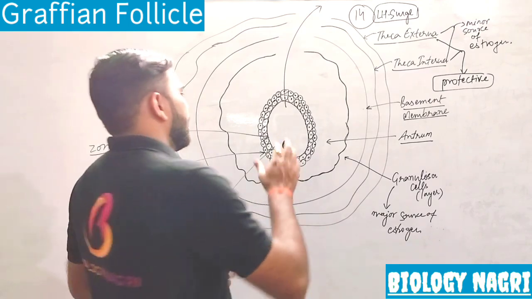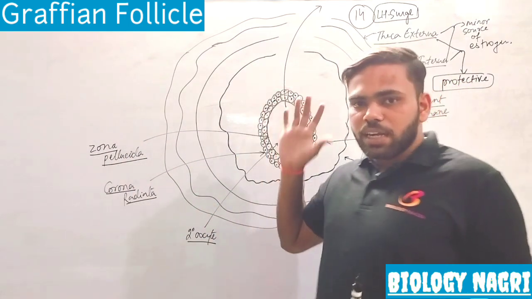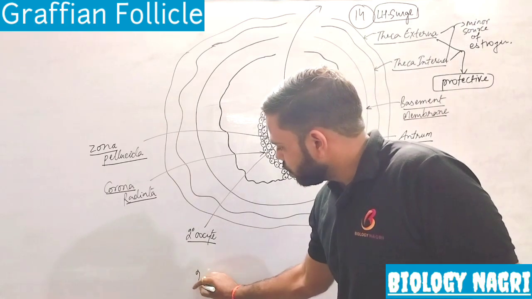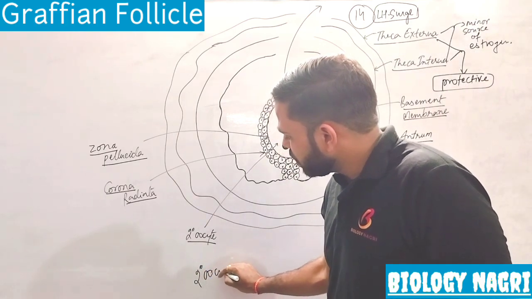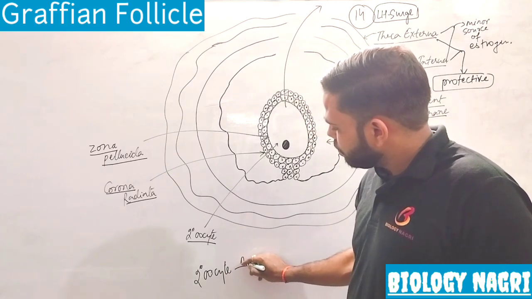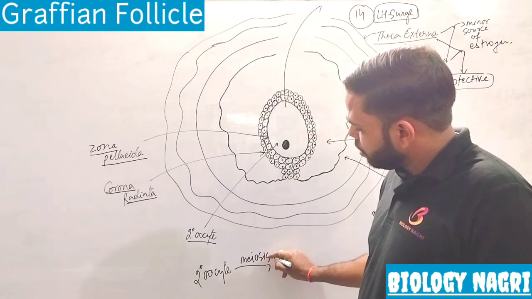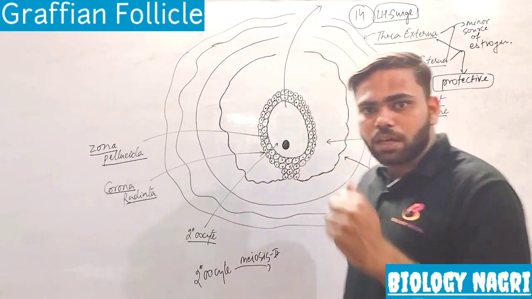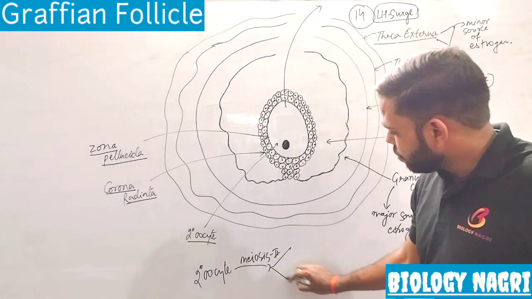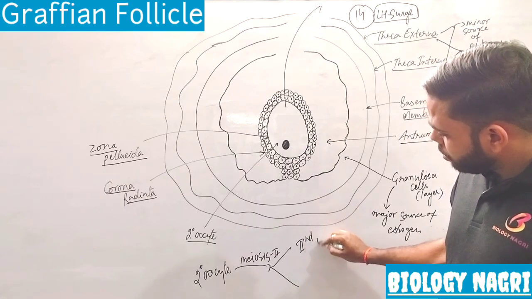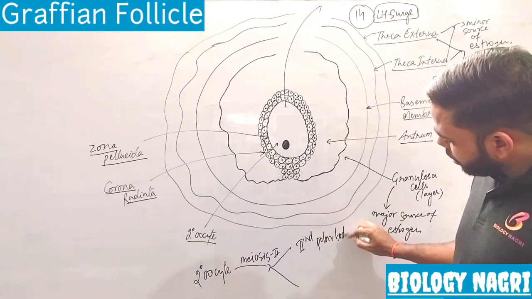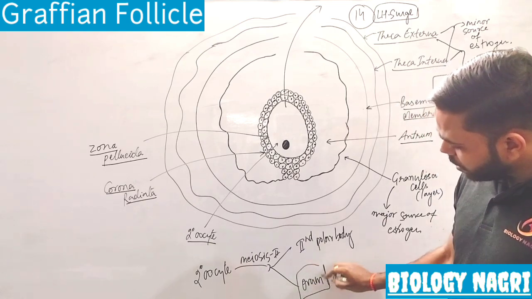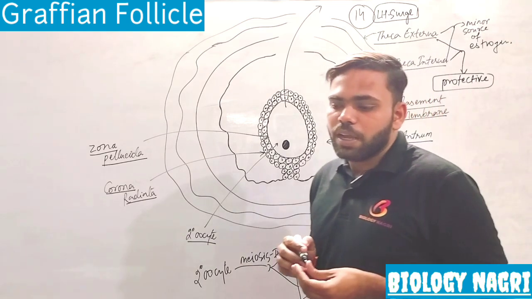And we know that as soon as the sperm enters the female reproductive tract, the secondary oocyte completes meiosis II, which was arrested at metaphase II, and converts into the second polar body, while the other part becomes the fully matured ovum, which gets fertilized by the sperm to form the zygote.